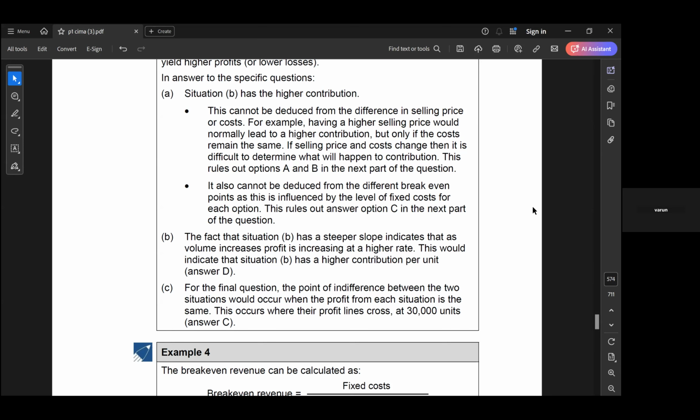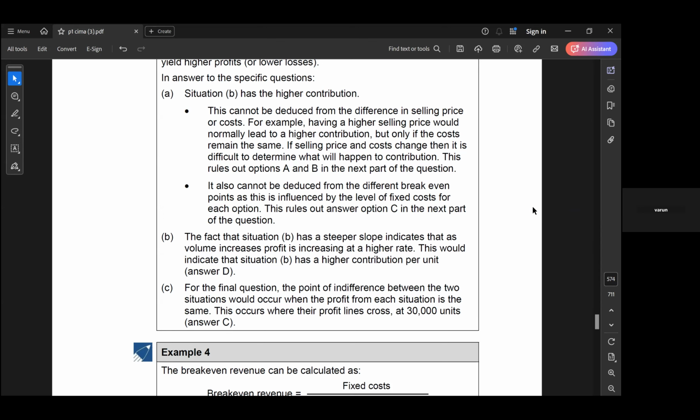The only answer we can deduce from this is that at least one thing is clear: situation B has a steeper slope compared to situation A. If I'm producing a graph, something like this. Okay, it has to be a little different. But here it's steeper, right? That's the only reason why we would say that situation B must definitely have a higher contribution. That's your answer.